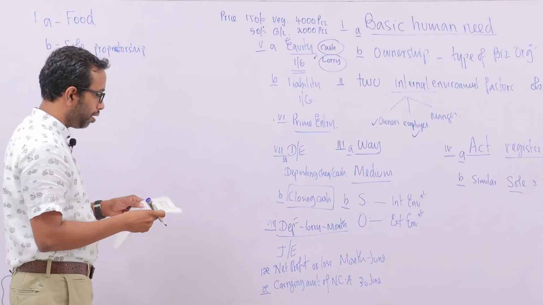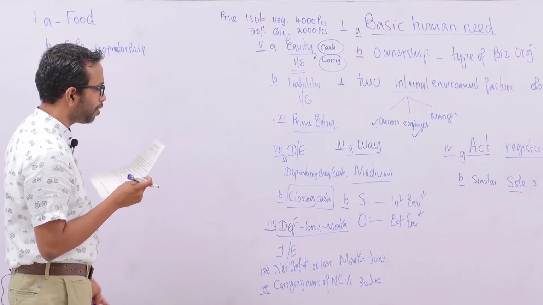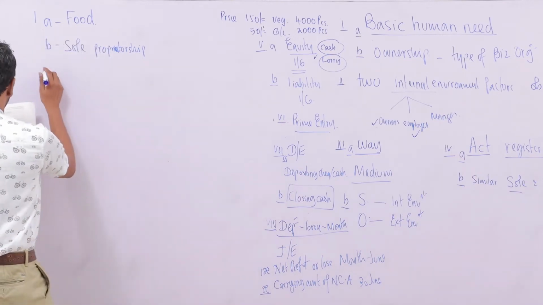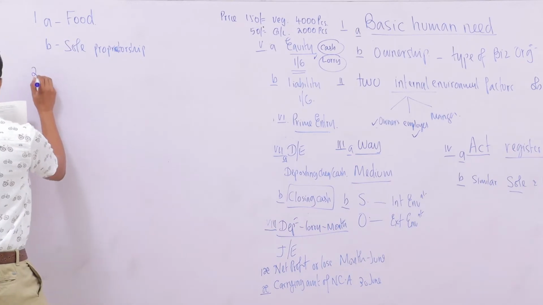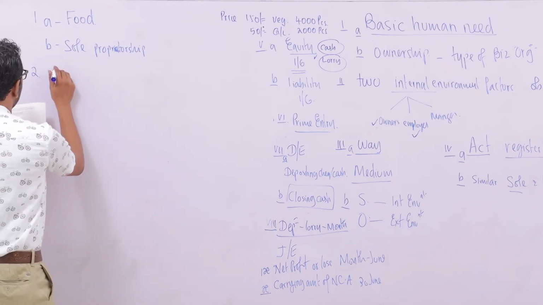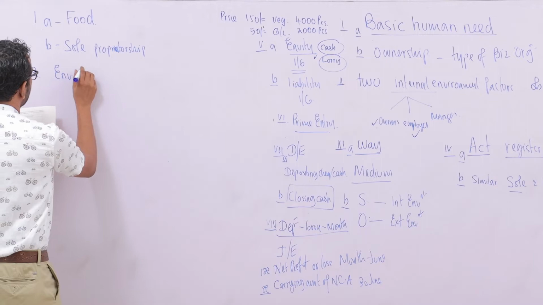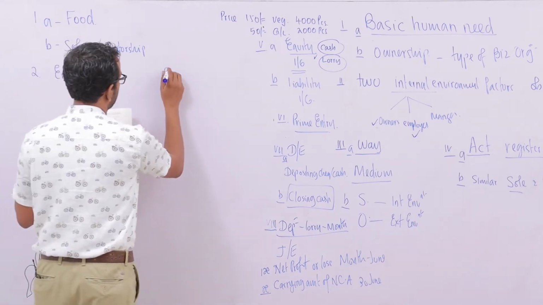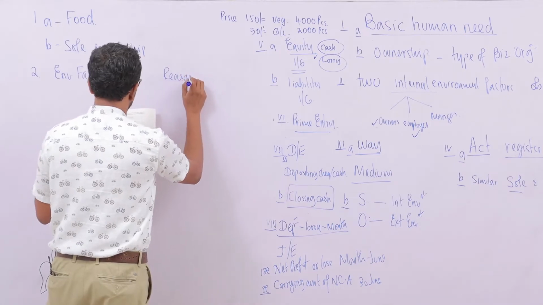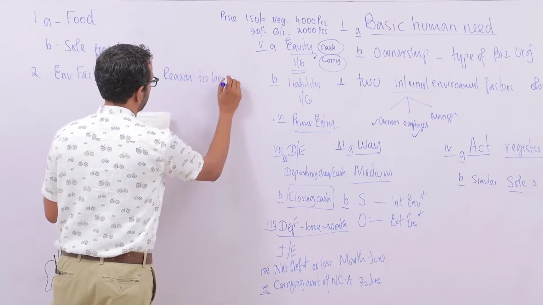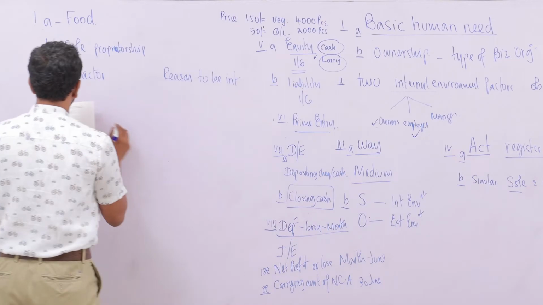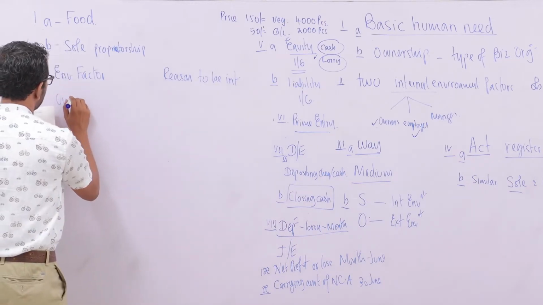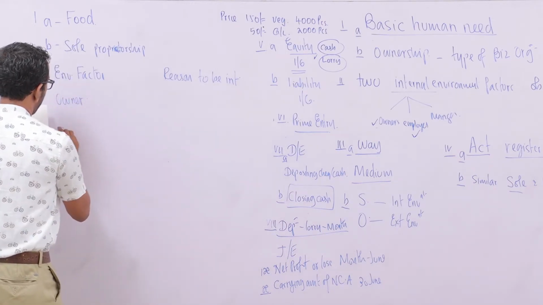Next, number 3, name the internal environment factors. So, you can copy the table here: environmental factor and reason to be interested. You can write the owner and you can write the employees.